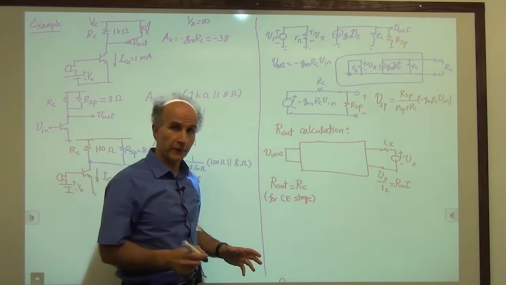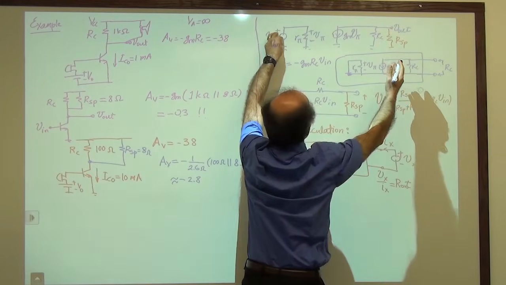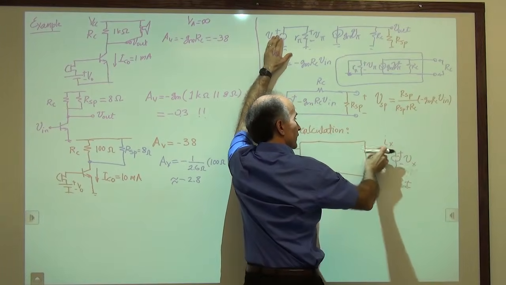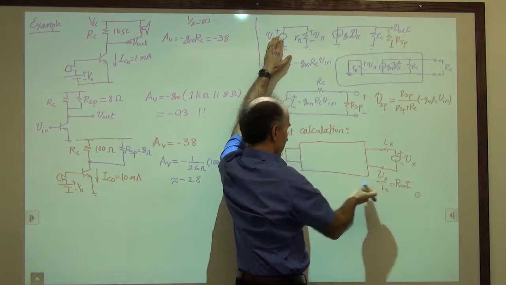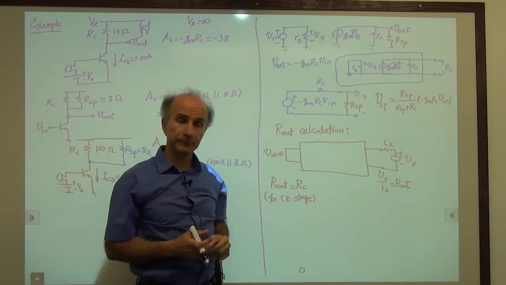If in doubt, you can always draw the entire small signal model again, set V in to 0, apply a voltage between these two terminals, measure the current, find Vx over Ix, and that will be R out. But we already did that, so that's RC.